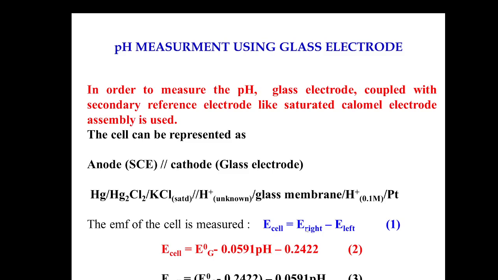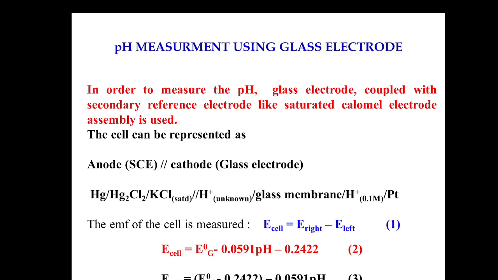E cell equals E right, that of the glass electrode, that is E naught G minus 0.0591 pH, minus 0.2422. Now equation 2 can be converted into equation 3 by grouping the constant values, E naught G minus 0.2422, together, minus 0.0591 pH.